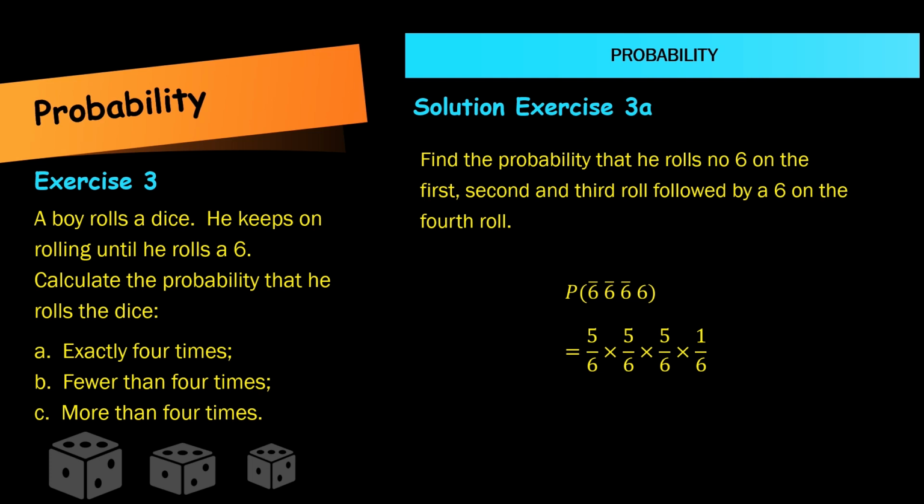So the probability of no 6, no 6, no 6, followed by a 6 is 5/6 times 5/6 times 5/6 times 1/6, as shown. This is equal to 125 divided by 1296.